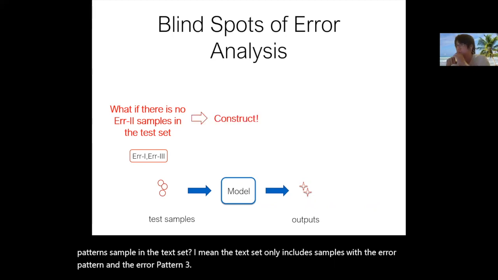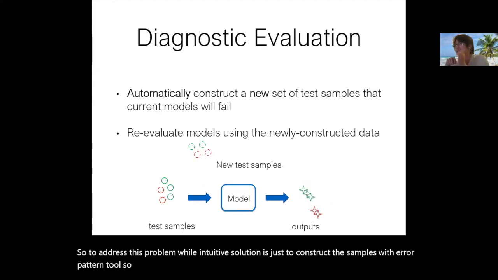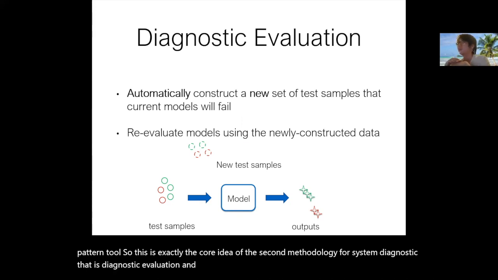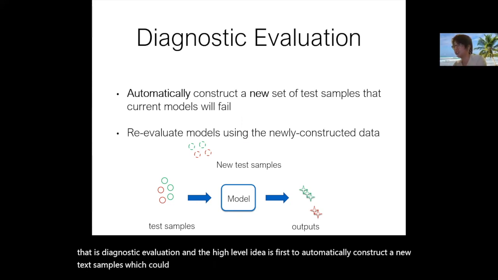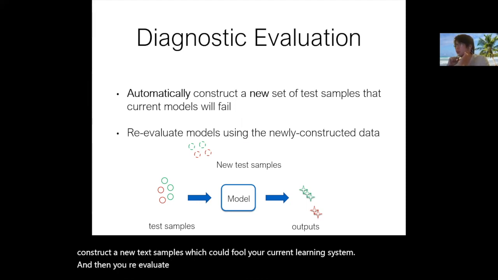To address this problem, one intuitive solution is just to construct samples with error pattern 2. This is exactly the core idea of the second methodology for system diagnostic, that is diagnostic evaluation. The high-level idea is to first automatically construct new text samples which could fool your current learning system, and then re-evaluate your system using the newly constructed data.